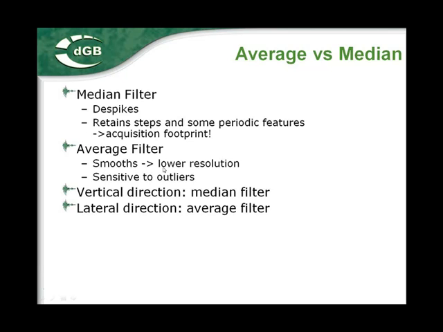It leads to lower resolution, and it's sensitive to outliers. But the smoothing makes sure that the acquisition footprint is often better suppressed when you apply it in the lateral direction. So in the vertical direction, where we really want to de-spike those noise spikes and those noisy layers, I would recommend using the median filter. In the lateral direction, I would use the averaging filter.